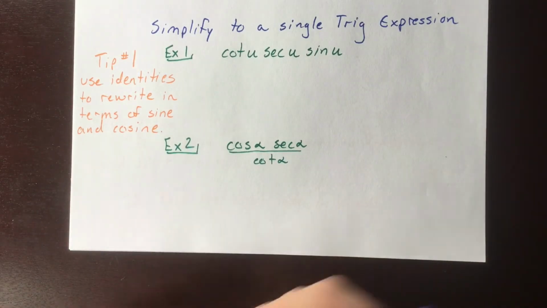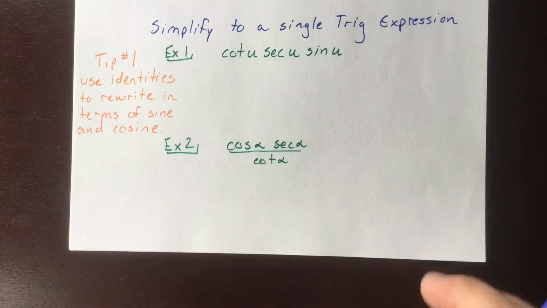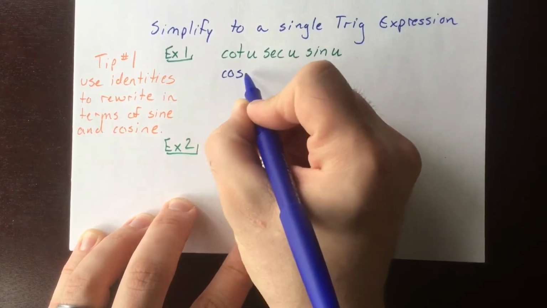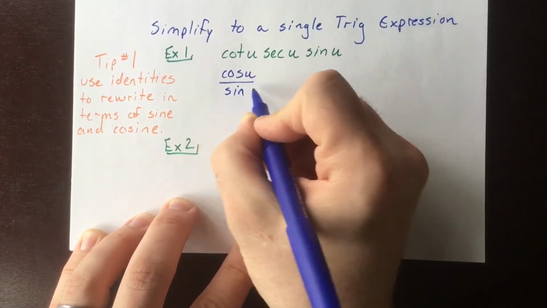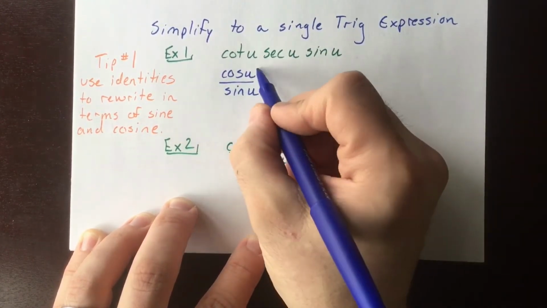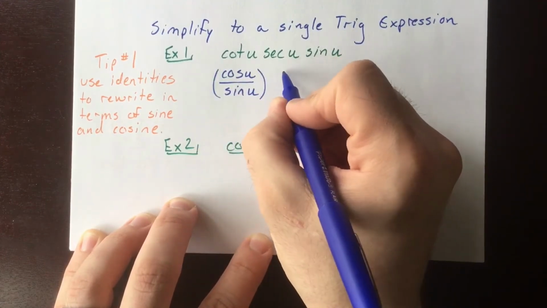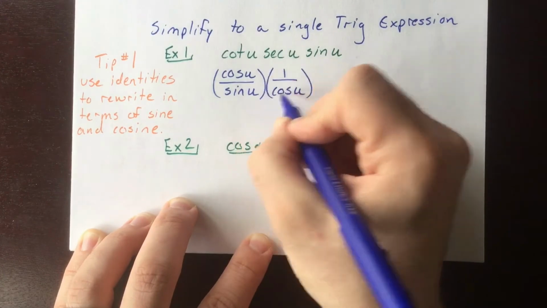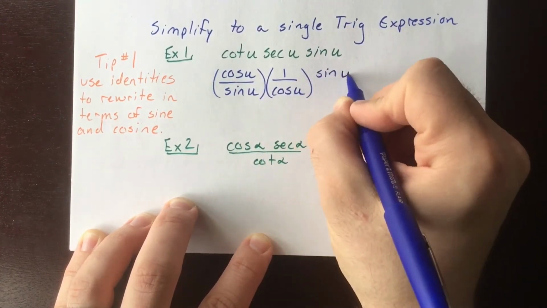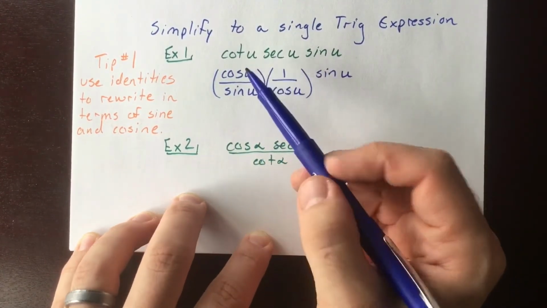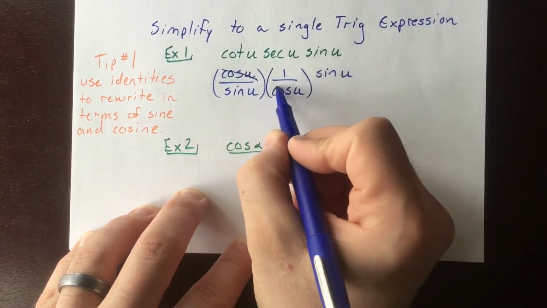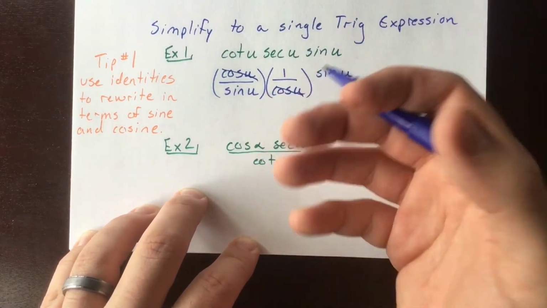So let's begin. Cotangent of u is cosine of u over sine of u. We know that secant is 1 over cosine of u. And then we have sine of u. So as we examine this, cosine in the numerator, cosine in the denominator, they cancel, but really they just divide to 1.